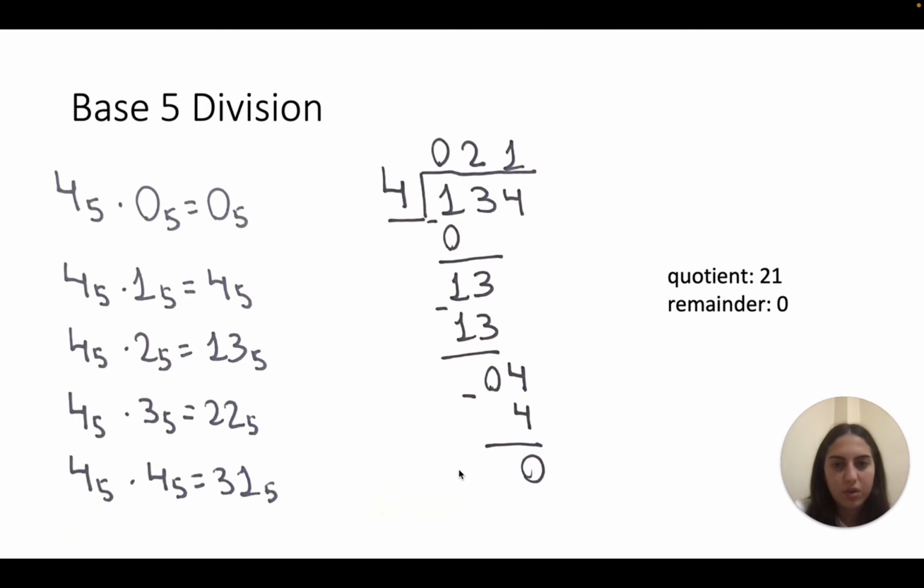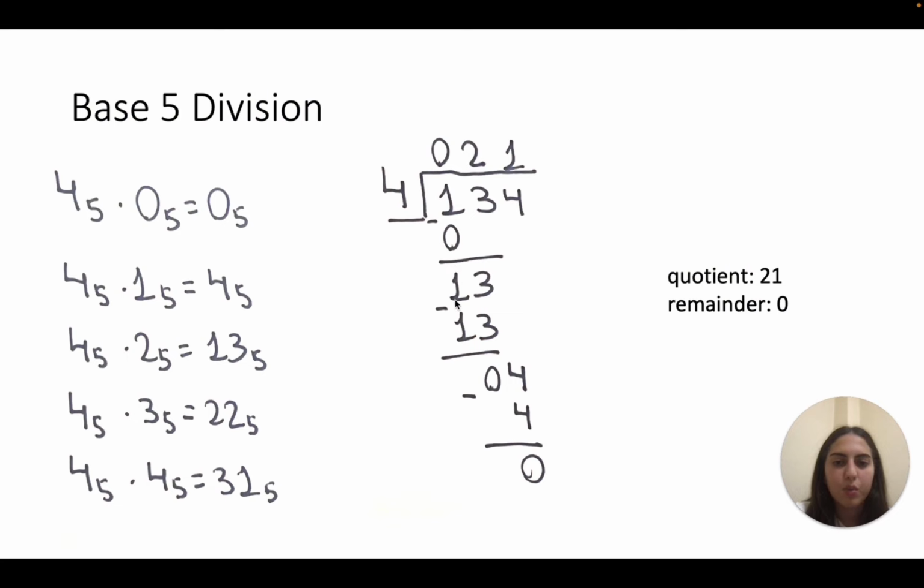So let's start doing the same thing with our division. Firstly, we compare the first number, which is 1, with 4. As we see, 1 is smaller than 4. That's why we write 0 here and subtract the 0 from here.